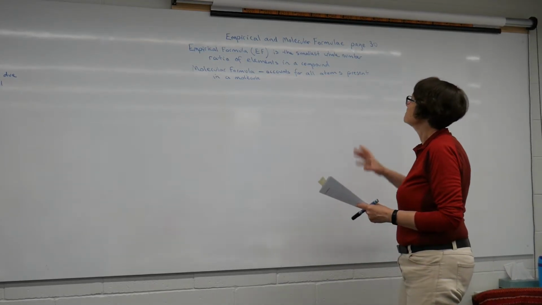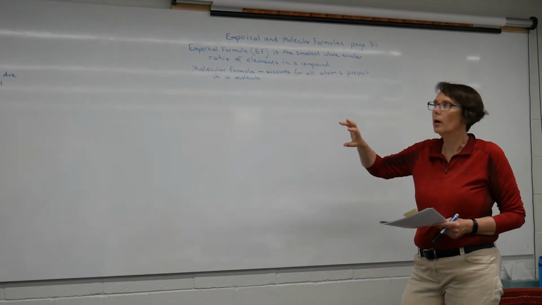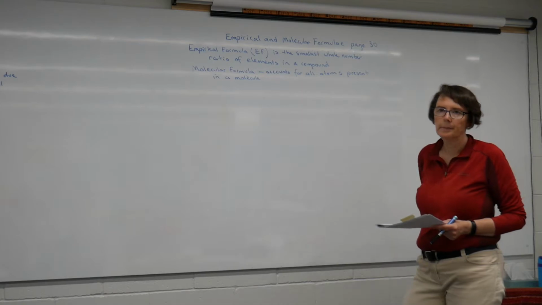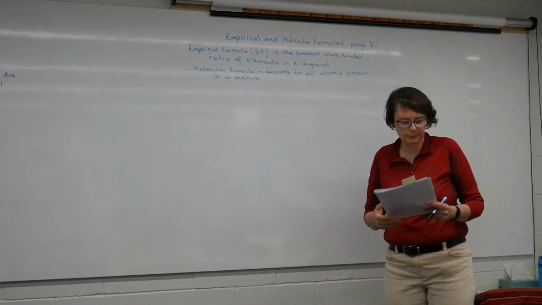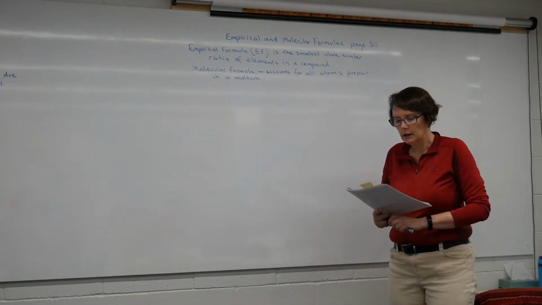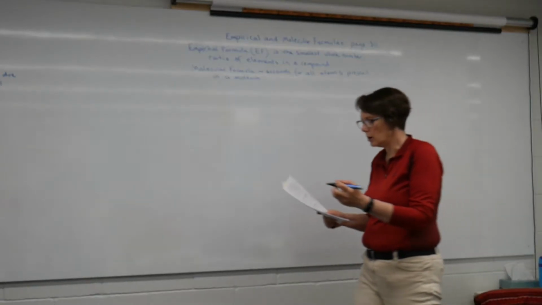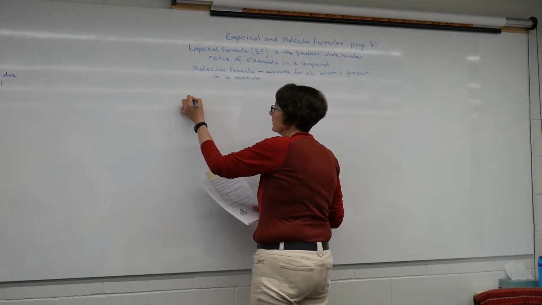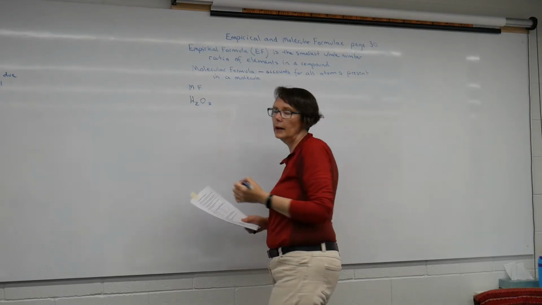challenging. So the empirical formula is the smallest whole number ratio of elements in a compound, whereas the molecular formula accounts for all of the atoms present in a molecule. For example, in our booklets we've got hydrogen peroxide that has a molecular formula H2O2.